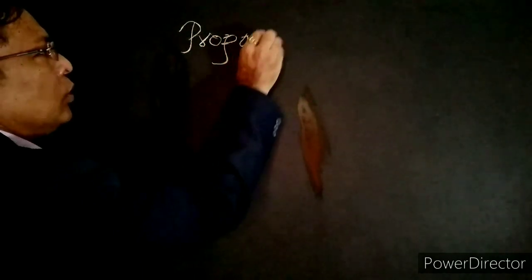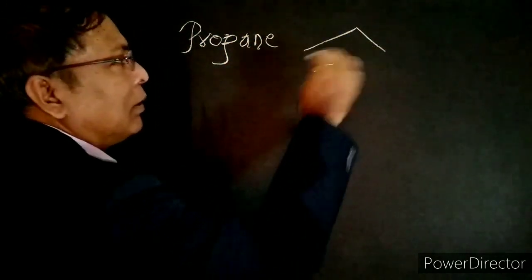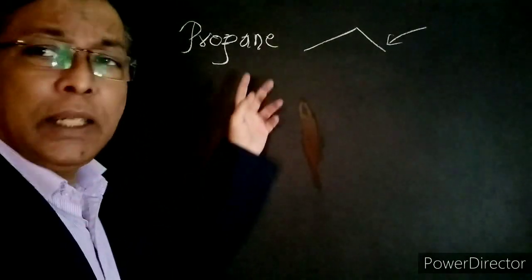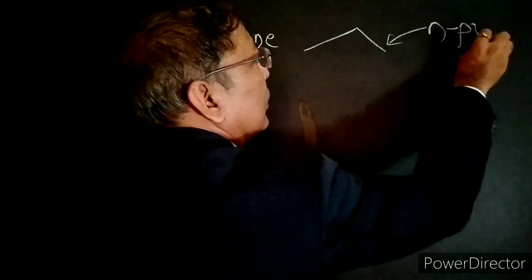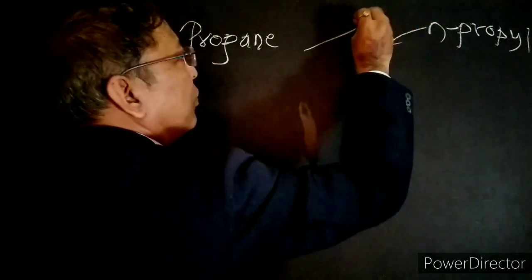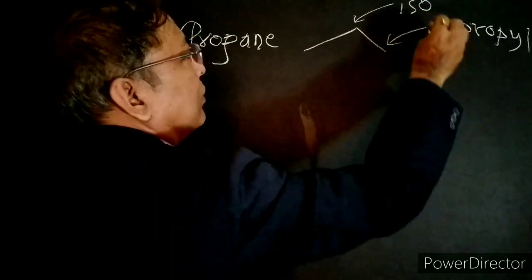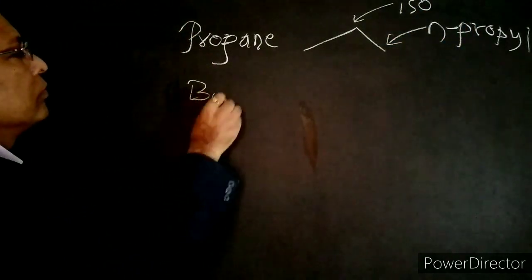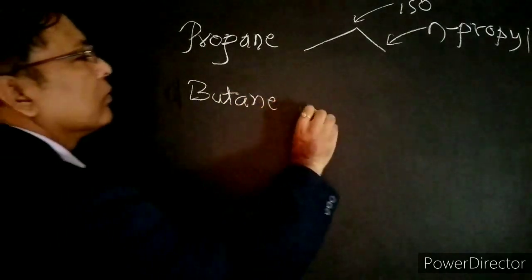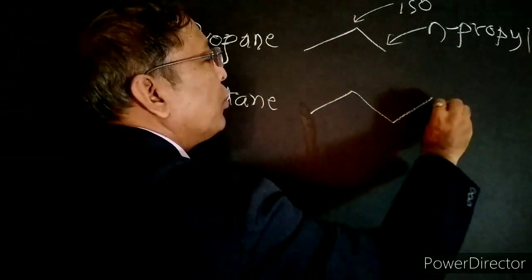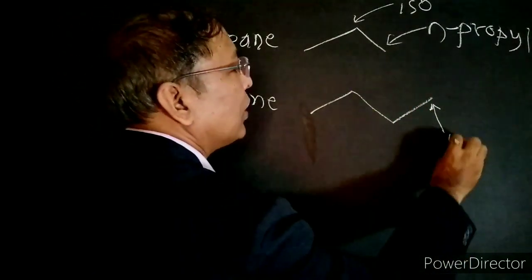Now I summarize all types of alkyl groups. In case of propane, we have 2 types of alkyl groups. This is the bond line structure of propane. This is N-propyl, and if the substituent is present here, it is called isopropyl. In case of butane, we have 4 types. If the substituent is present here by replacing hydrogen, it is called N-butyl.